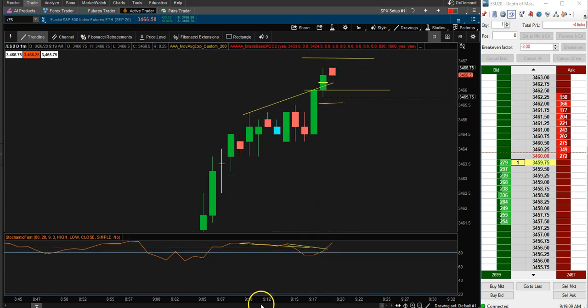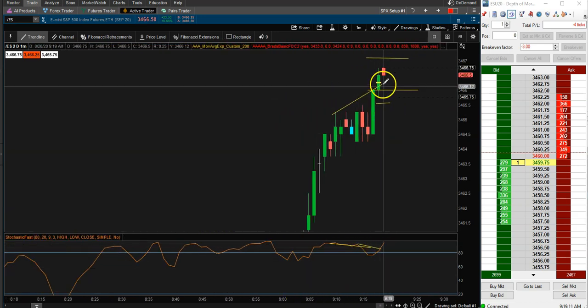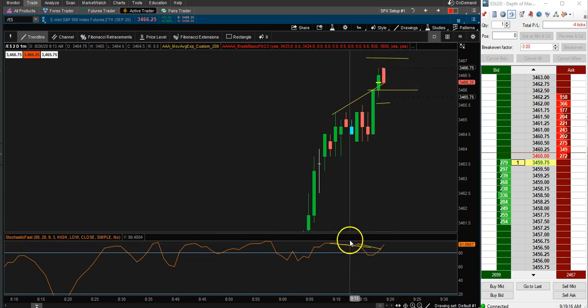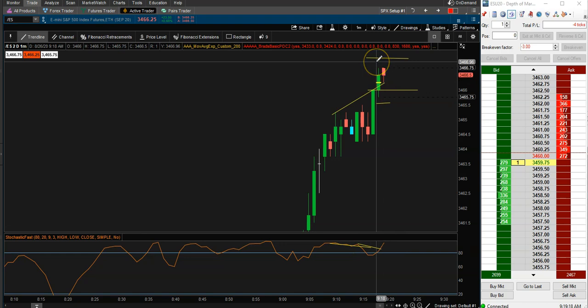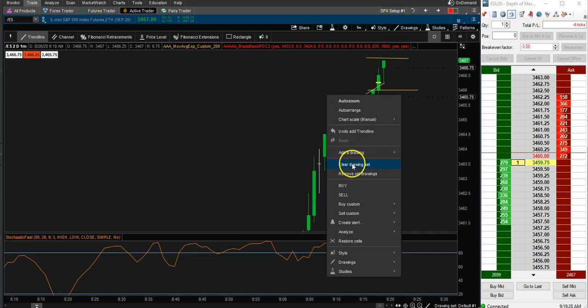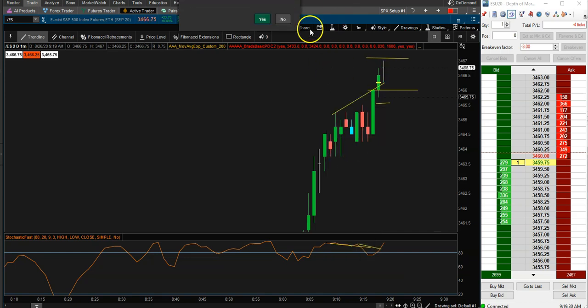But look at what's going on now: we're at a higher high and everything's in sync. So this trade is not what I expected, and we're just going to pass on this entire trade. We're not going to do anything because the divergence is no longer there.